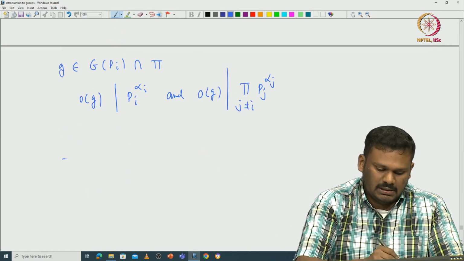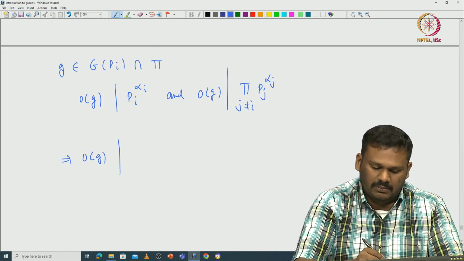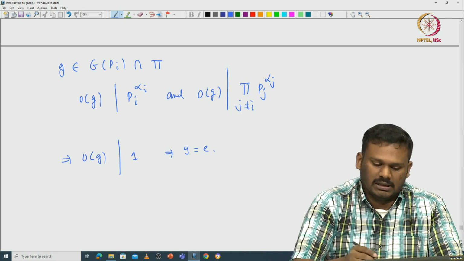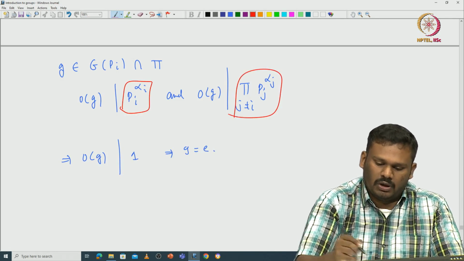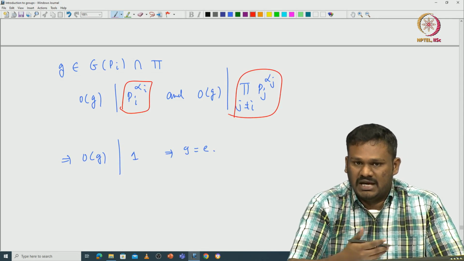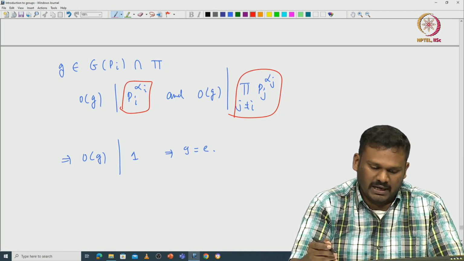So, the order of G must divide the GCD between them, which is 1. That forces G to be identity, because Pi power alpha i and the rest of the product must be relatively prime, since the Pi's are all distinct primes.